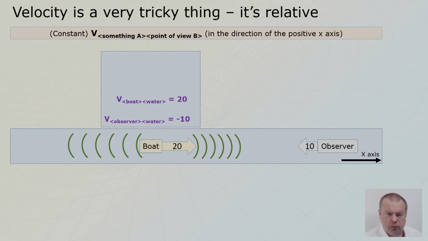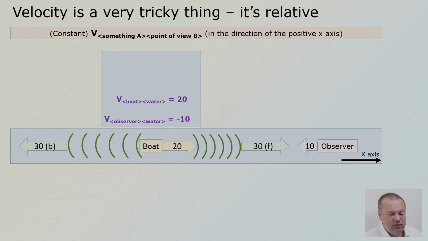Then we have these water waves compressed. Well, they are not compressed, they seem compressed at the front and stretched on the back of the boat. At the front, let's say that the velocity of these front waves is 30 meters per second relative to the water. We do everything relative to the water.